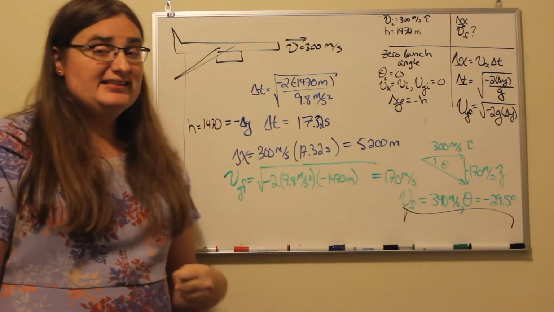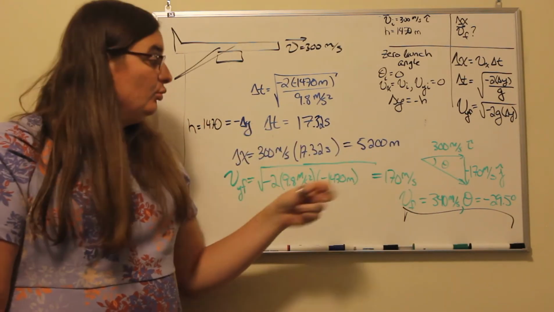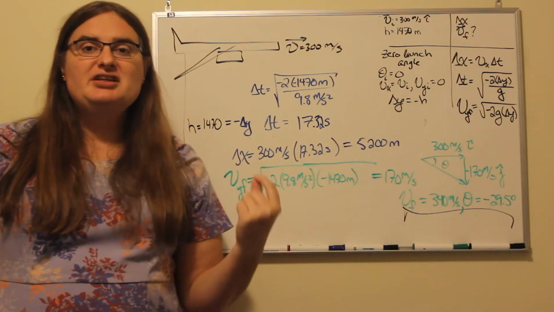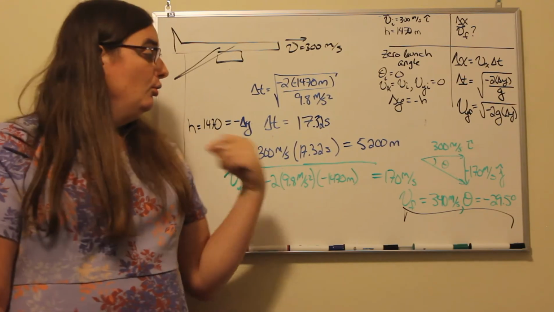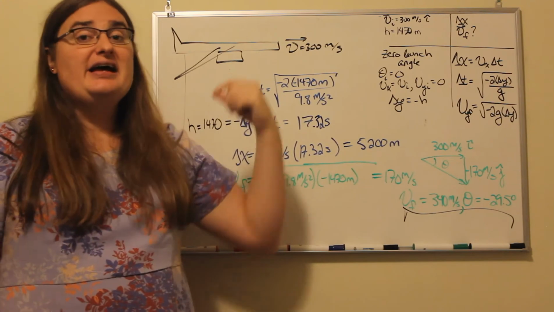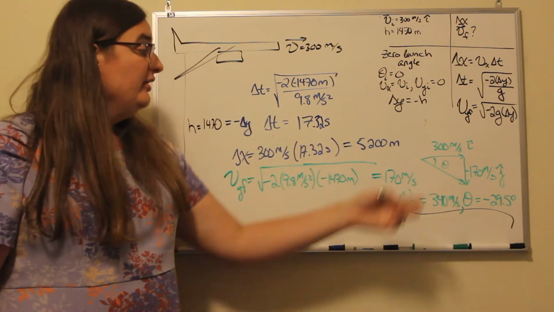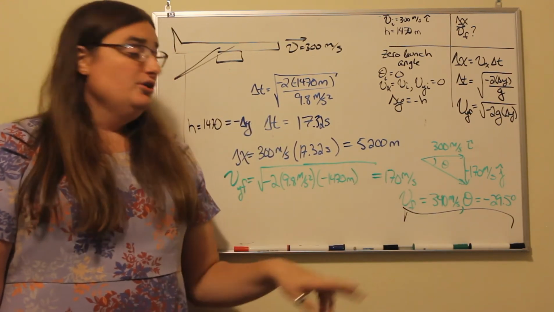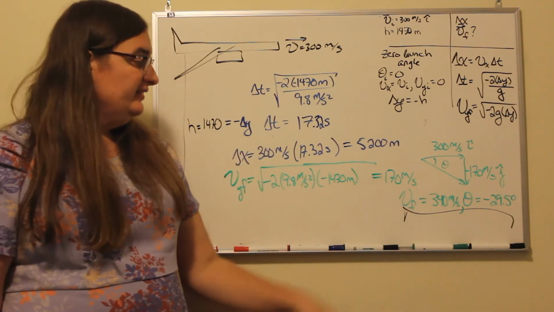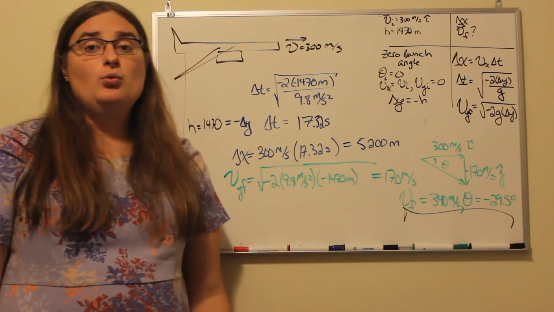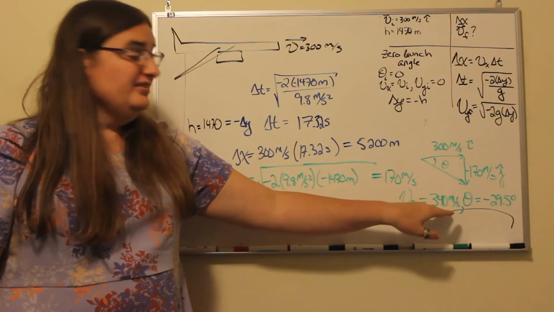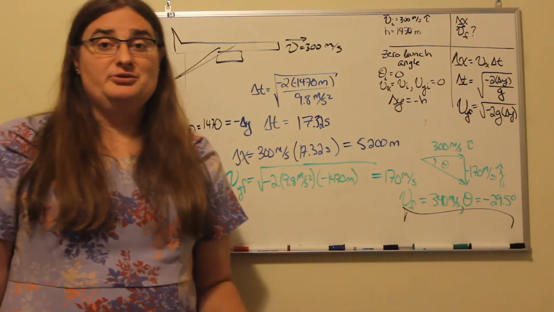So our final velocity in component form would be 300 meters per second i hat minus 170 meters per second j hat, or in magnitude and direction notation, I square both sides, add them together, and take the square root, following the Pythagorean theorem. That would give me a magnitude of 340 meters per second at an angle of -29.5 degrees. Now, this is incredibly close to the speed of sound.